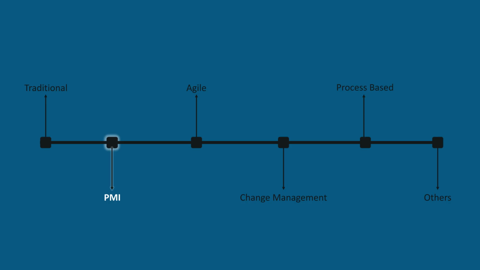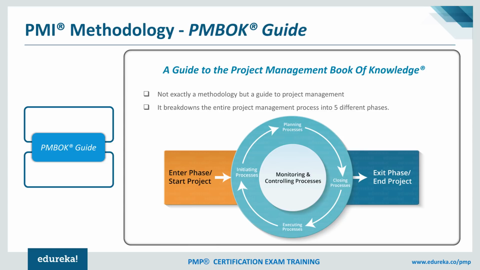Now let's move on to PMI. Again, I wouldn't call it a methodology, but definitely it's a guide to project management, because we have the PMBOK guide, and it breaks down the entire project management into different processes. There are 5 different process groups.